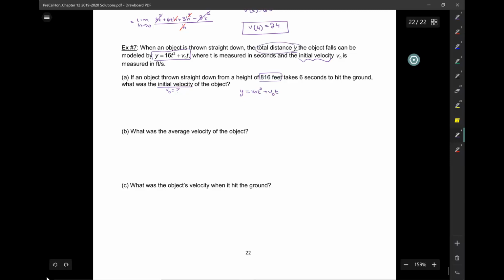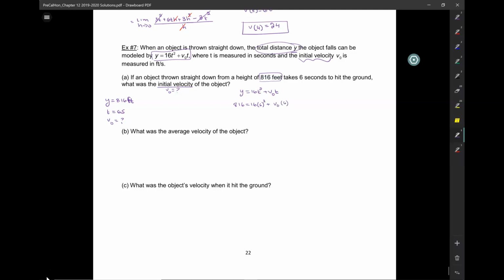It's the total distance. In this case, the total distance that it traveled is y equals 816 feet. The time that all this happened is 6 seconds, and I'm looking for v naught. So I plug all this into my formula here. 816 is equal to 16 times 6 squared plus v naught times 6.